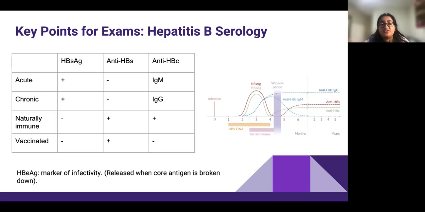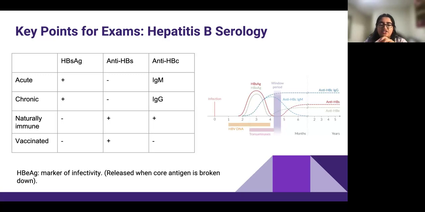It's also positive for somebody who's been naturally immune to hepatitis B because they would have been exposed to all the layers of hepatitis B. So they would have had to fight off the core antigen as well, so they also develop anti-HBc and are positive for that. When somebody's vaccinated, remember, they don't get the core antigen, they just get the surface antigen, therefore they'll be negative against it.